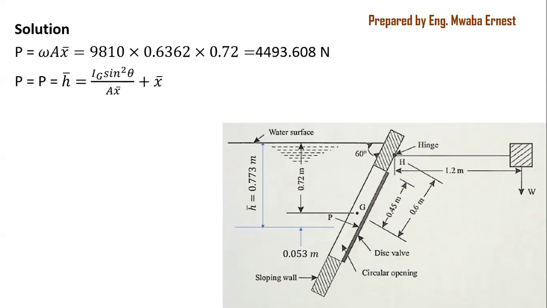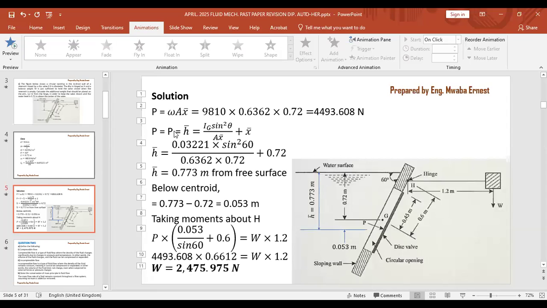Then we also need h bar. You can ignore whatever is coming the other end. In fact, let me just remove it now because this could be giving us wrong information. This is h bar, the depth of the center of pressure from the free surface.